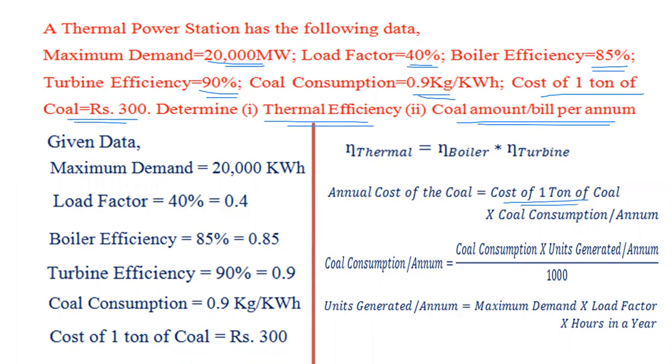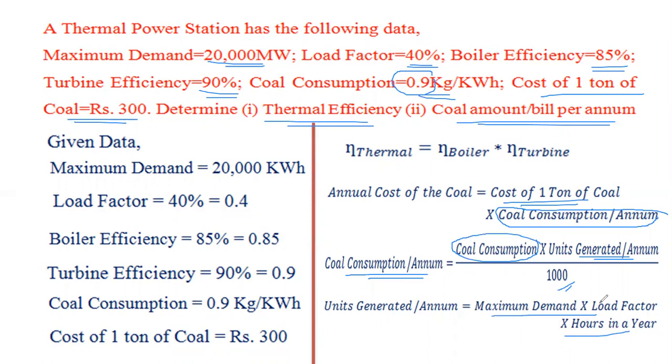Here we do not have the coal consumption per annum. We want to find out again the coal consumption per annum. The formula is coal consumption into units generated per annum by 1000. Here the coal consumption given in the problem is 0.9. But we don't know the value of units generated per annum. Anyway, 1000 is constant. Again, the units generated per annum formula is maximum demand into load factor into hours in a year.